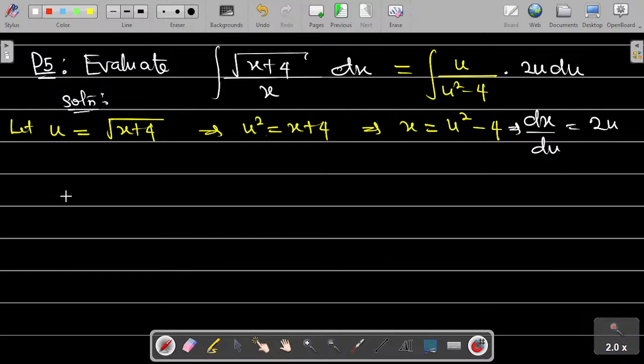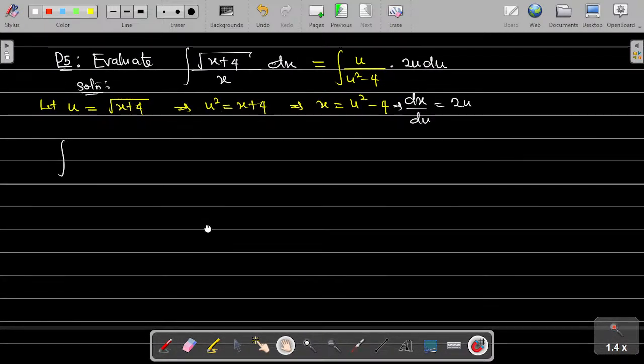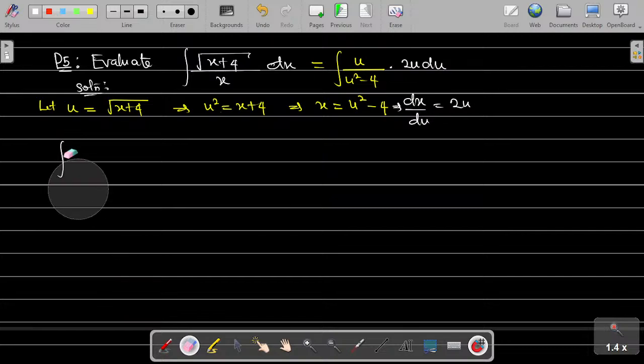Permit me to reduce a little bit. Okay, I think this is nice. Then I have to remove this. So now you see that u times 2u will give us 2u squared all over u squared minus 4 then du.